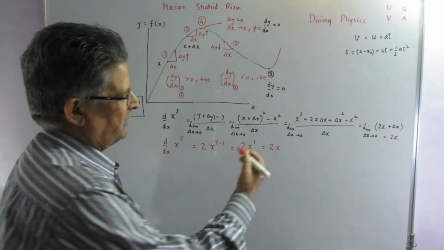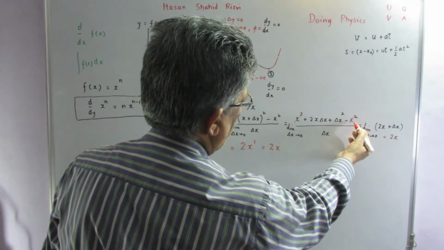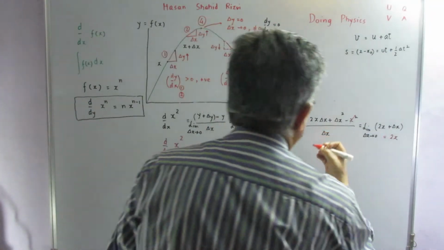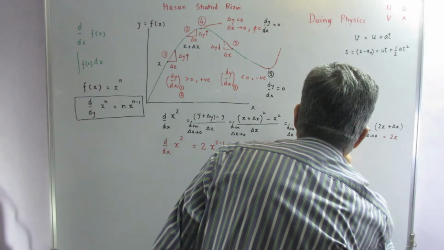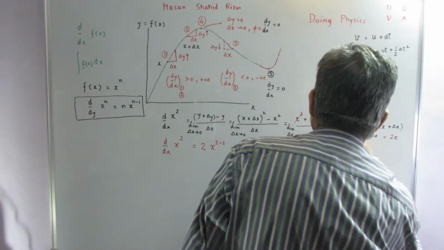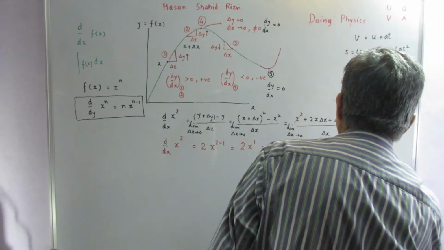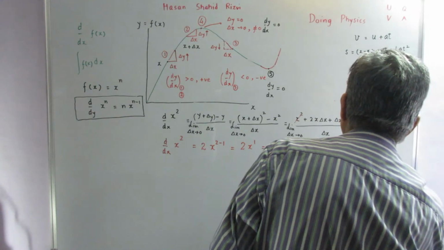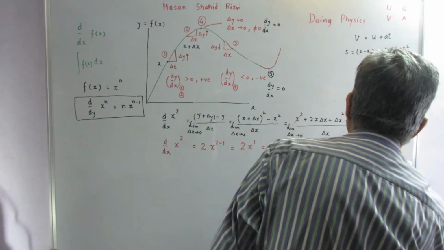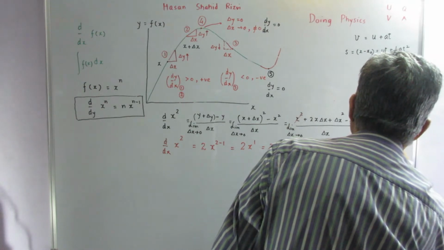And then again you can see the x to the power of 3 and x to the power of 3 will cancel out, and when we divide by delta x, I'll get 3x square plus 3x delta x plus delta x square.